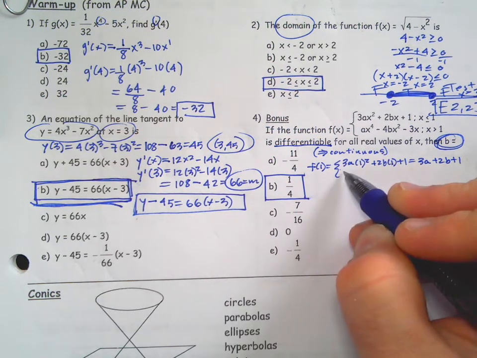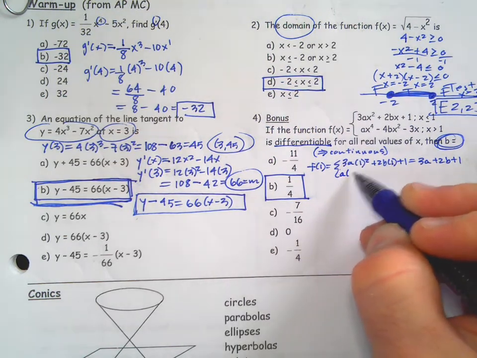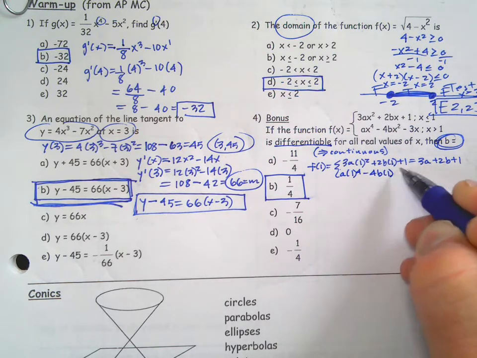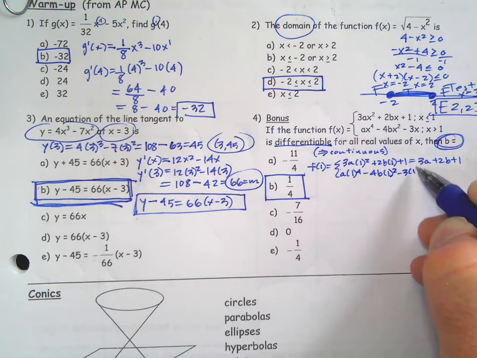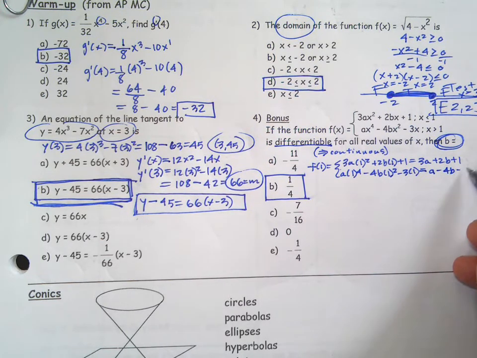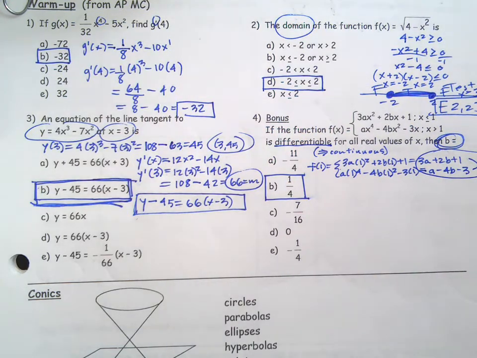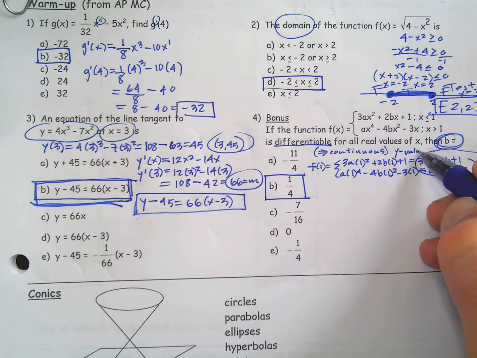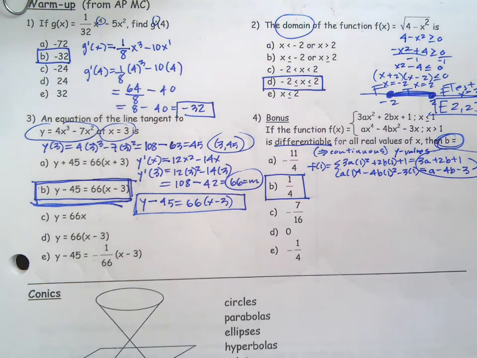If you plug 1 into the other one, we get, I'm just showing all my work here, a minus 4b minus 3, and then these should be equal to each other. So there's one of your equations. That's continuous. The y values have to be equal to each other at the transition. They've got to be connected to be continuous.